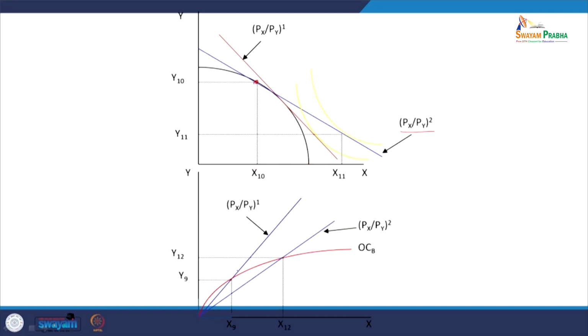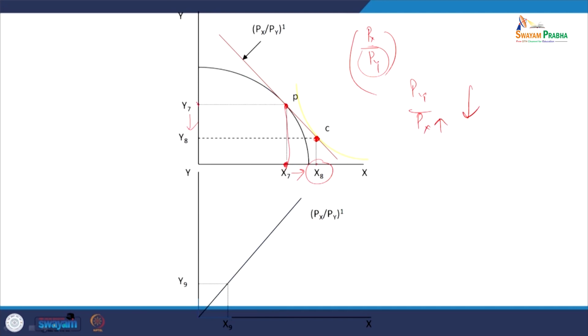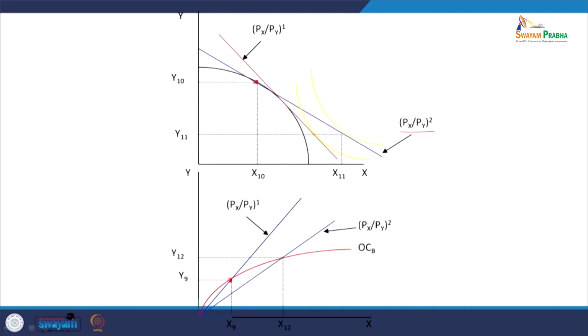Now, initially at this level they have a certain consumption and their domestic production stands at this point x7. Here we are saying let this be represented with this. Due to the fall in the relative price, the ray from the origin declines, because for country 2 it is Px by Py, and Px increases.